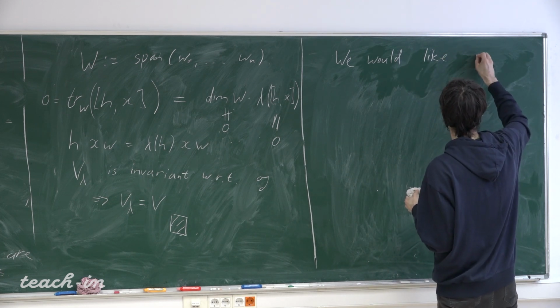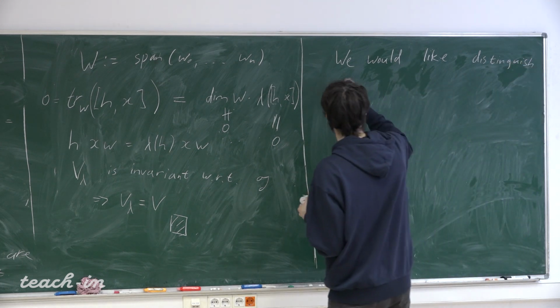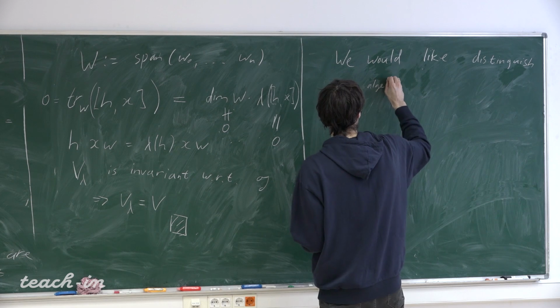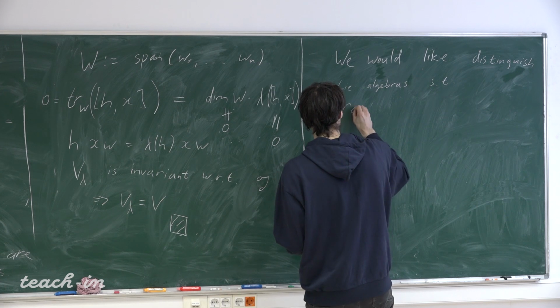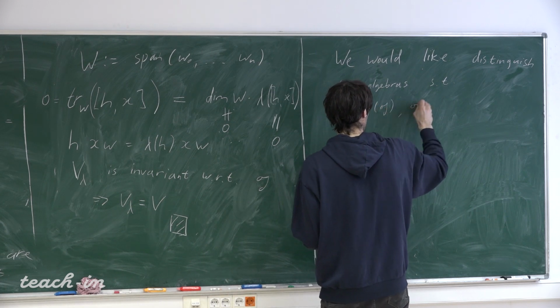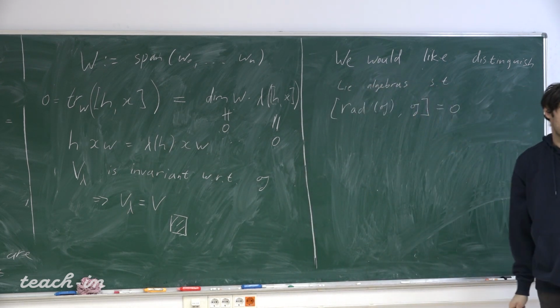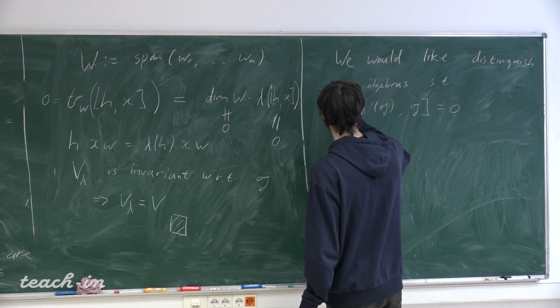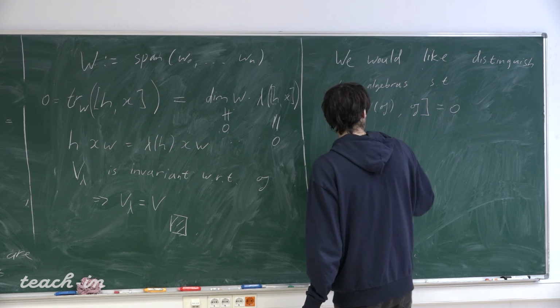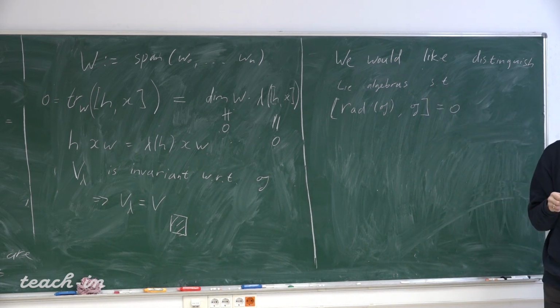So we would like to distinguish Lie algebras such that the commutant of radical G with G is 0. But this is equivalent to saying that the center of G is 0. The center of G coincides with radical, sorry.